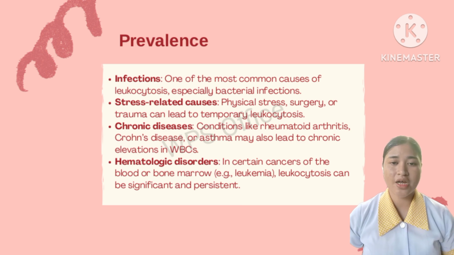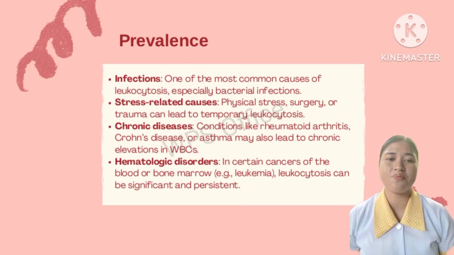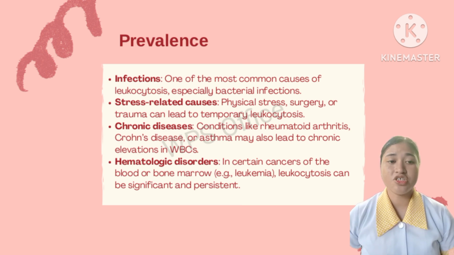count. Proper diagnosis and treatment depend on identifying the underlying cause, such as infections, stress-related causes, chronic diseases, and hematologic disorders. So the infections, it is one of the most common causes of leukocytosis, especially bacterial infections. Stress-related causes, physical stress, surgery, or trauma can lead to temporary leukocytosis.